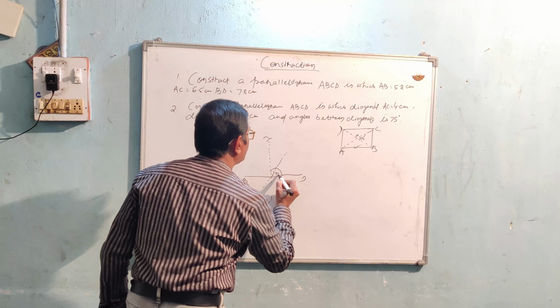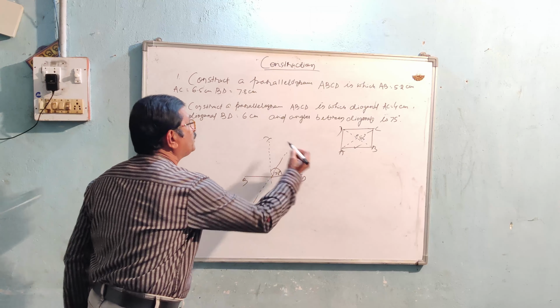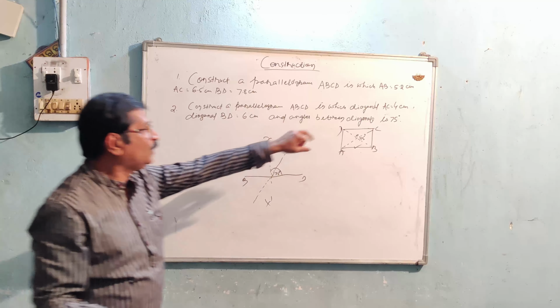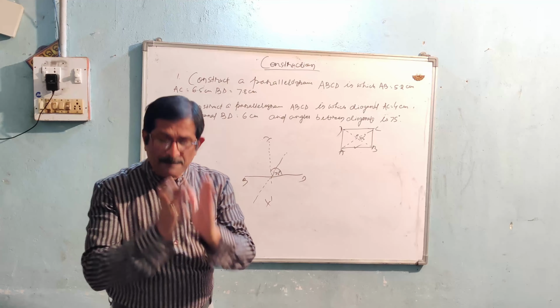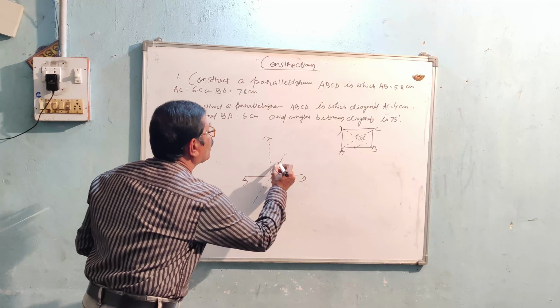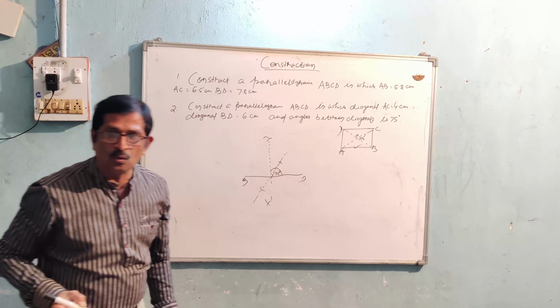So this is your 75 degree and you have produced this in both the directions, and thereafter the other diagonal which is given as 4 centimeter. Half of the 4 centimeter is 2 centimeter. So from this point you cut 2 centimeter and from this point you cut 2.